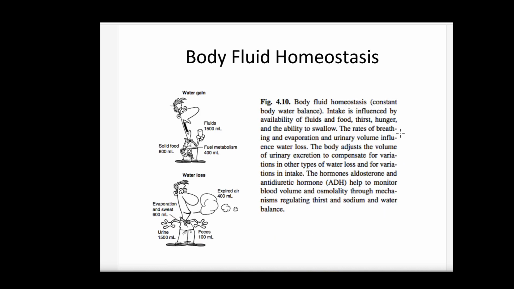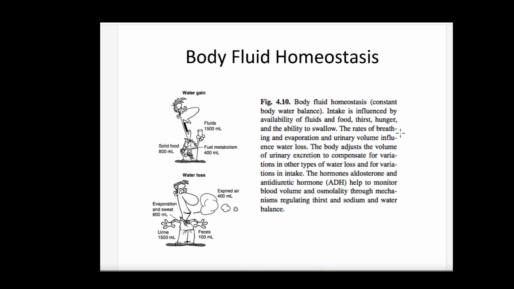So body fluid homeostasis is a constant body water balance. Your intake is influenced by the availability of fluids in blood and food, thirst, hunger, and your ability to swallow. This also is associated with the rates of breathing and evaporation, and urinary volume will also influence water loss.